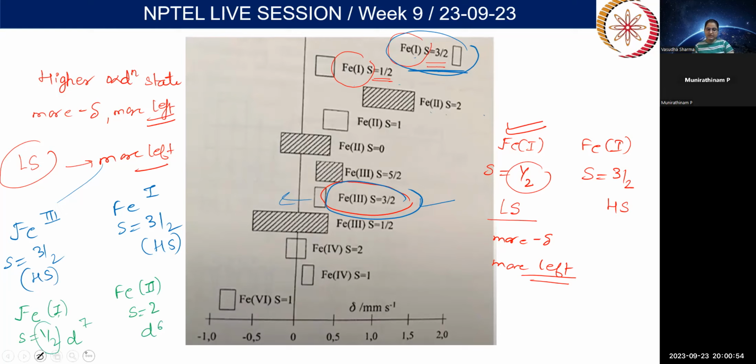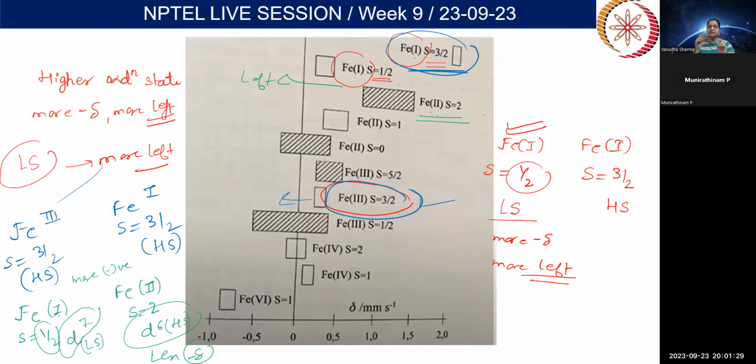Looking at its spin state, it looks like it is low spin and this comes to be like high spin. Now more electron density, more d electrons are there. It would give you more negative side compared to here. That would be less delta negative. So that is only happening, I guess, that iron in +1 is more towards left side compared to the iron in +2. We can still compare. That won't be necessary that we can't compare, but then you cannot just give a judgment.